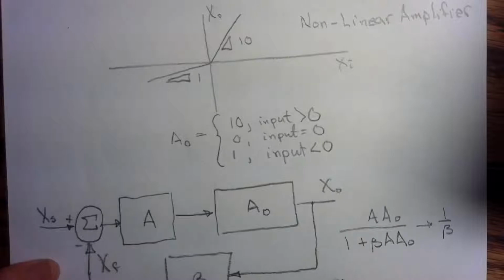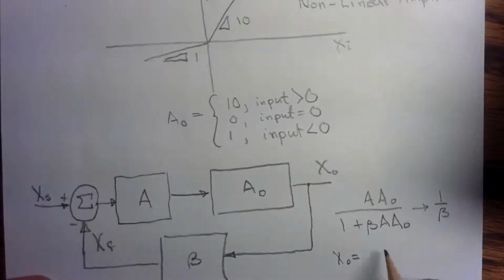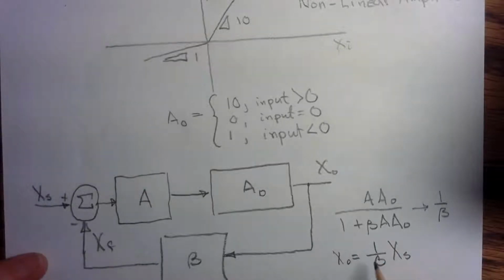And what that means is that X out is going to equal 1 over beta times XS, which, notice, is a linear equation. In other words, beta is a number, it's a constant, it's less than 1, so this amplifies the XS signal to give you X out, and it does not have this kind of a thing right here.